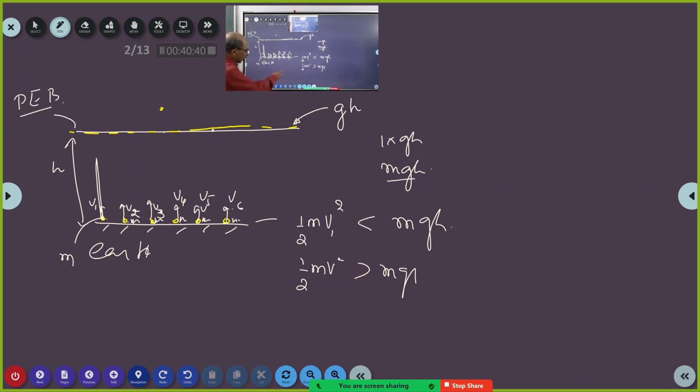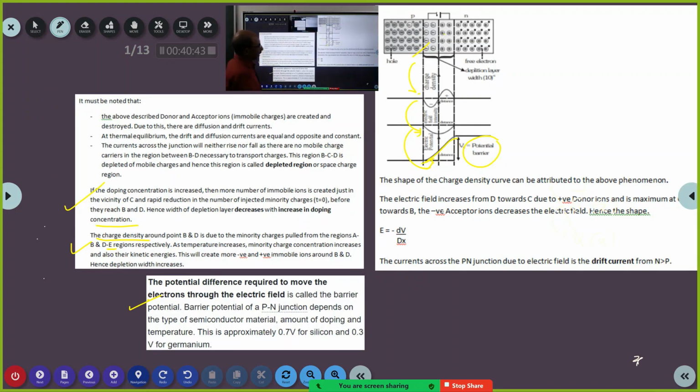In this context, if there is a hole, and for some reason it has absorbed some energy, and if the energy of this hole is greater than this, then this hole is capable of going this way. That is the idea behind the potential energy barrier.